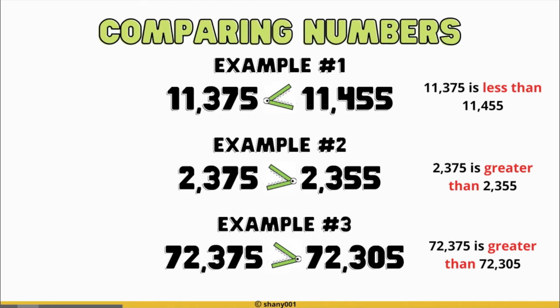Example number 2. 2,375 is greater than 2,355. Example number 3. 72,375 is greater than 72,305.